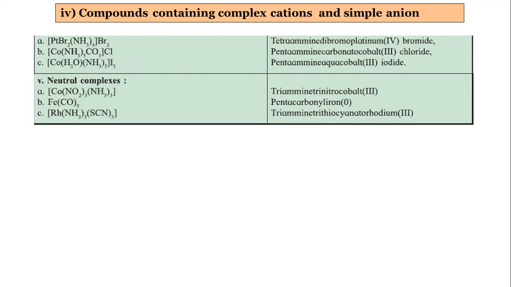So make a practice. I request this, because I know from my experience of paper checking, students make mixed mistakes here in calculating the oxidation state, and they also make mistakes when writing the name of the metal, because the students don't understand which complex is positively charged and which is negatively charged. That's why they make a difference in the name of the metal.